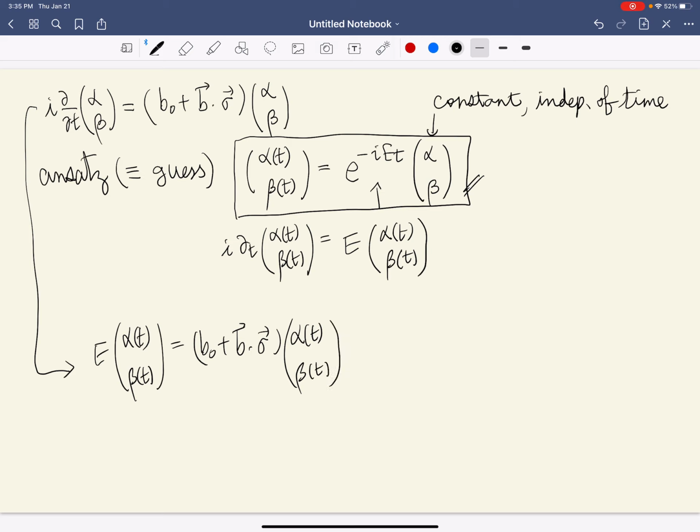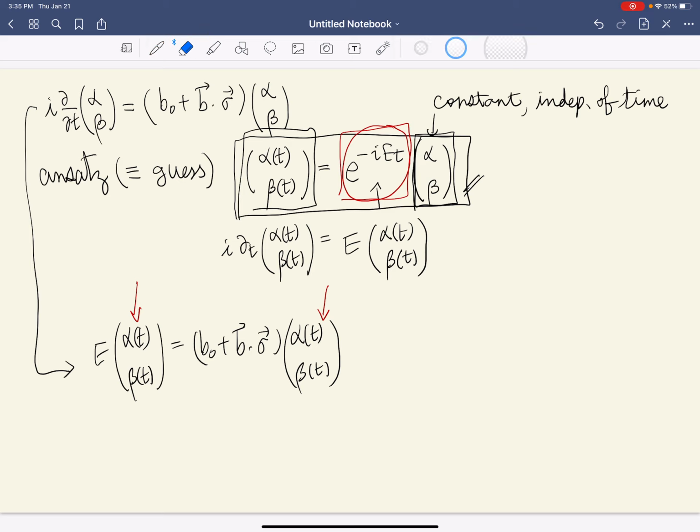Okay, but since this time-dependent alpha beta is related to the time-independent alpha beta by this simple phase factor, and both of these two time-dependent vectors, which are actually identical by now, carry exactly the same phase factor, you can just take them out from both sides.